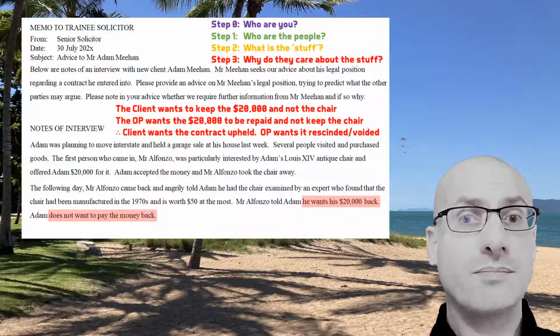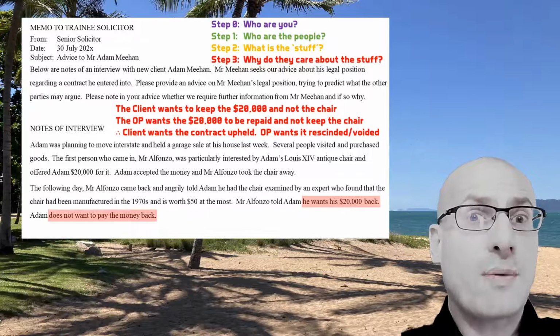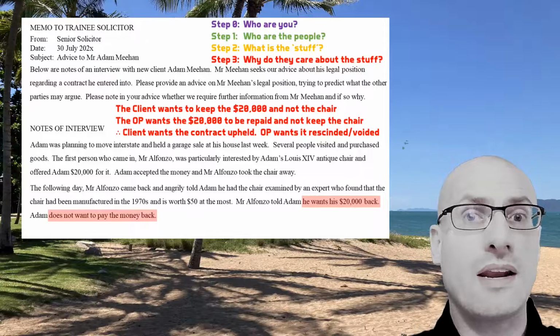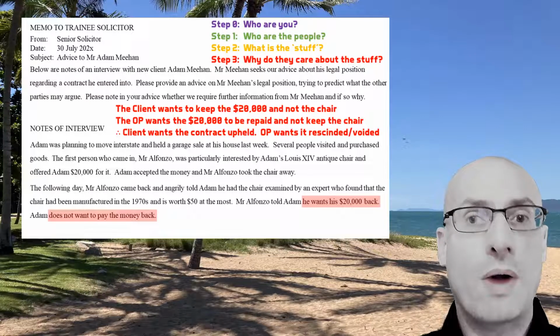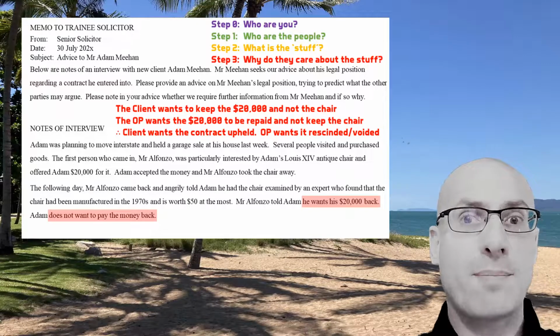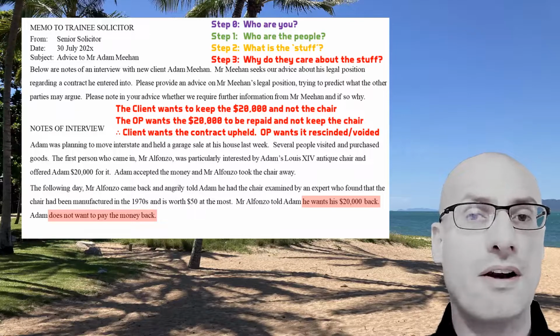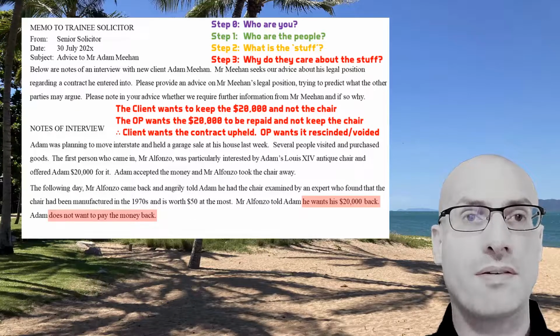Step 3 is to look at each of the parties in relation to the stuff, work out what they want. Here, again, it may seem straightforward. One person wants the money or their money back. The other person wants to keep the money that was given to them. Neither side wants the chair, or at least are ambivalent about the chair itself.